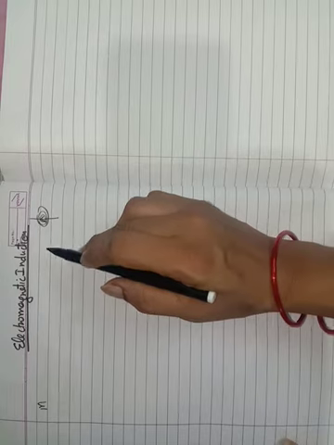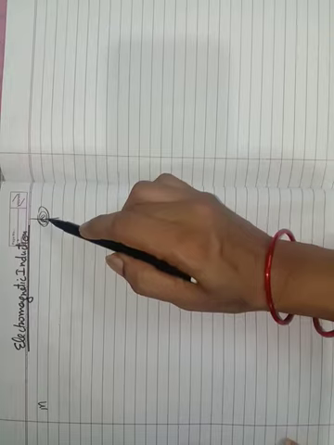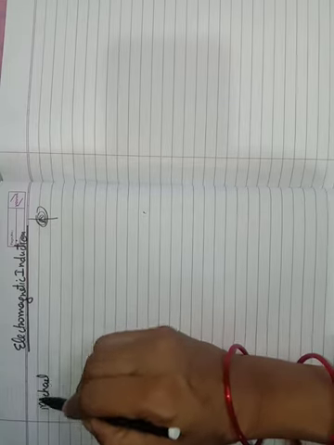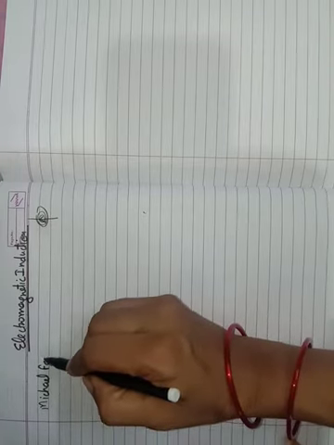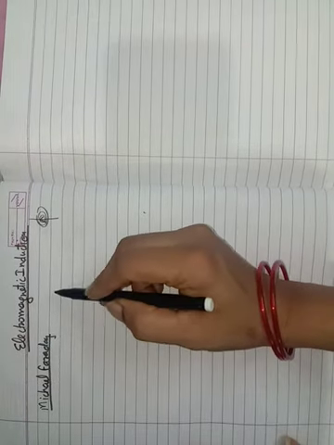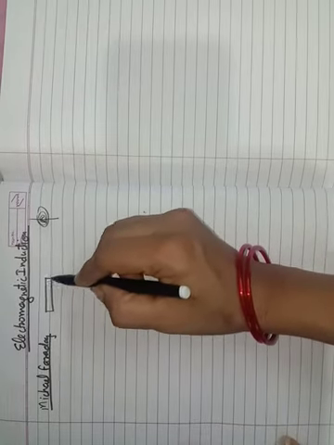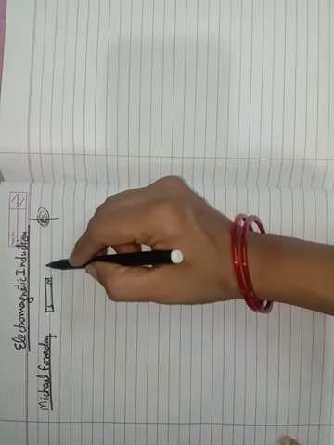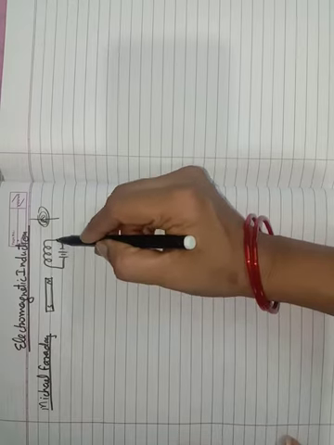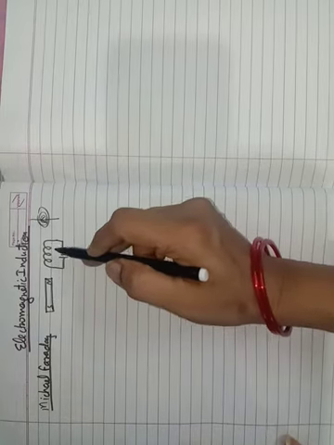The first scientist who observed that electricity can be produced by using a magnet is Michael Faraday. He used a magnet, such as a bar magnet, and a coil, and by using this apparatus, he produced current in the coil.